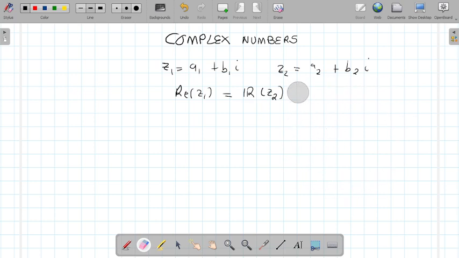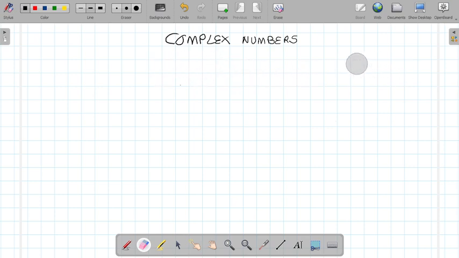Now, there's another way of thinking about complex numbers notation-wise. Instead of always writing them in the form A plus BI, you can also think about complex numbers as a set of pairs. So, for example, the complex number Z is equal to X plus YI can be thought of as Z, which is a point on the complex plane, that is (X, Y).